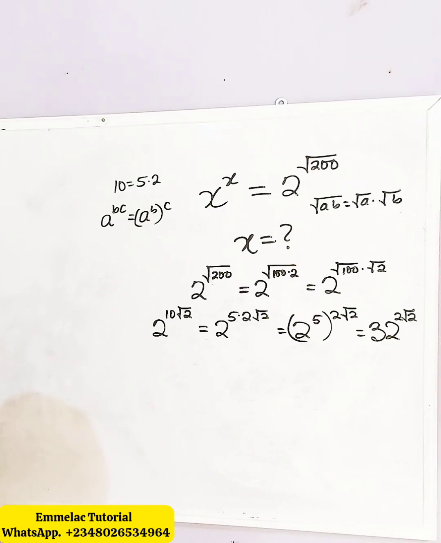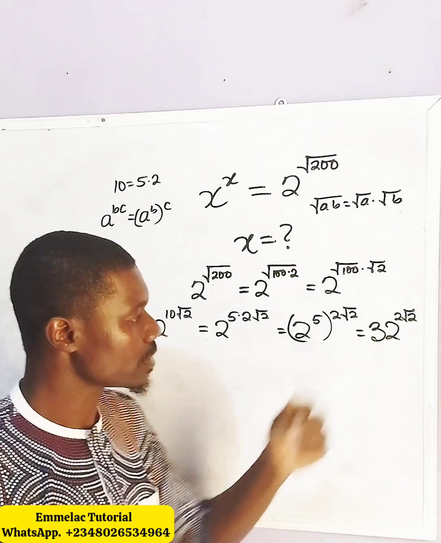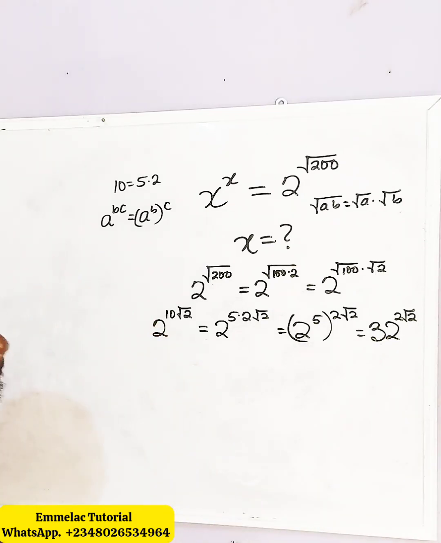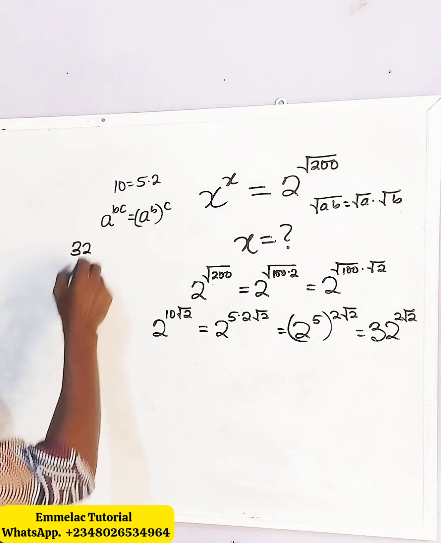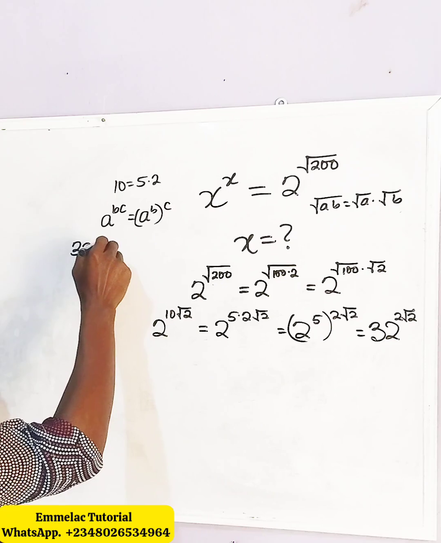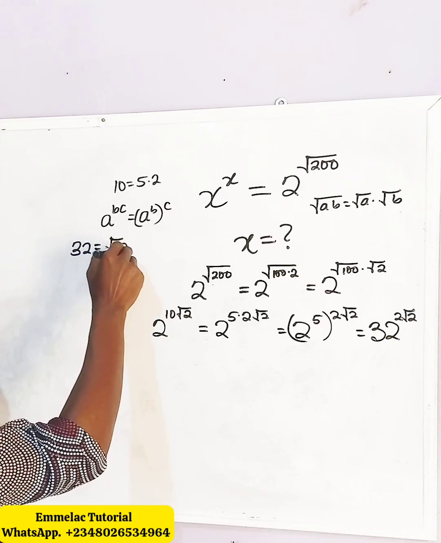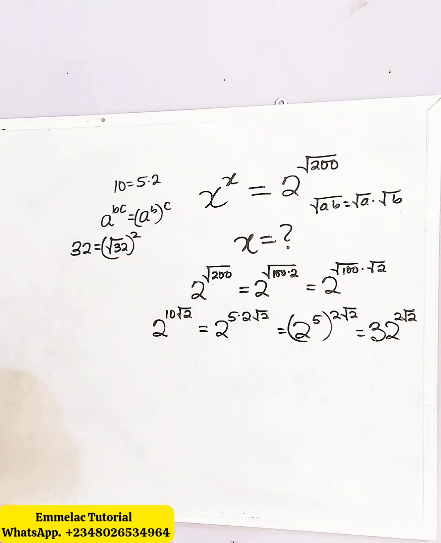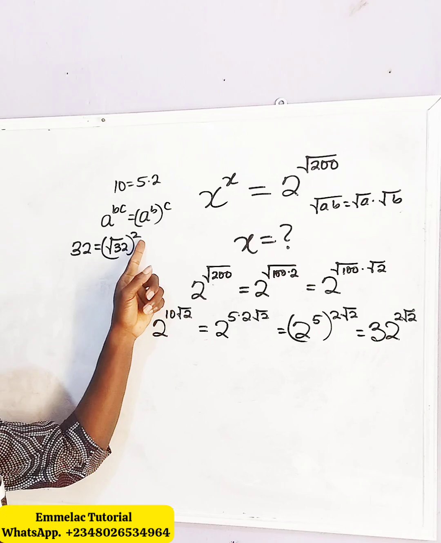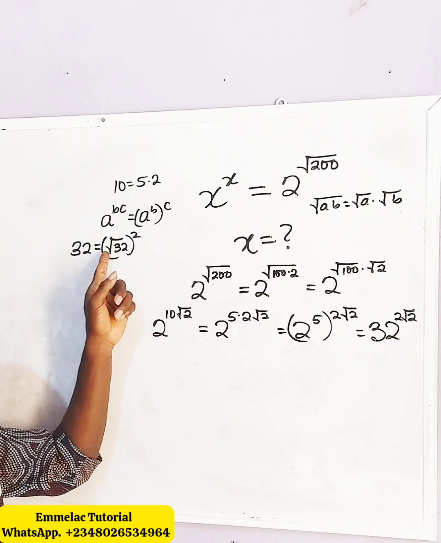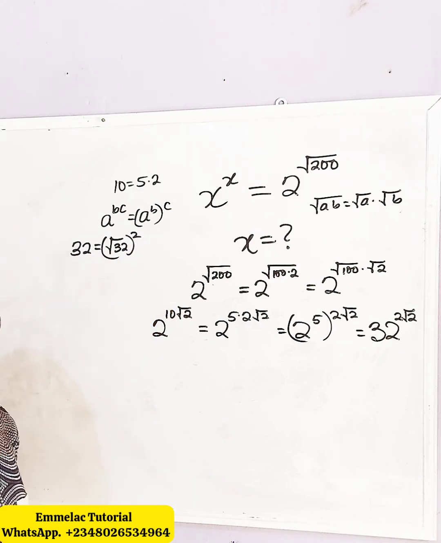So at this point, let's do something here. 32, I can write it as the square root of 32 raised to the power of 2, which implies that this square, we undo the square root, to still give you 32.